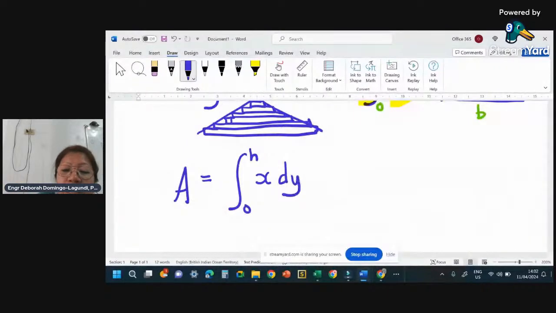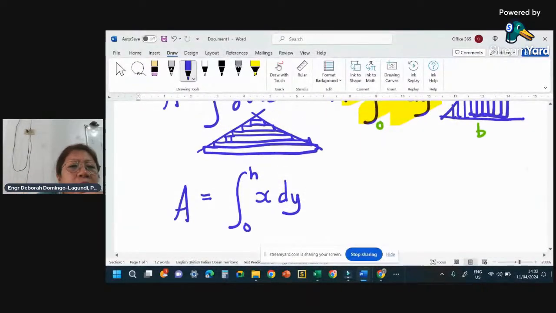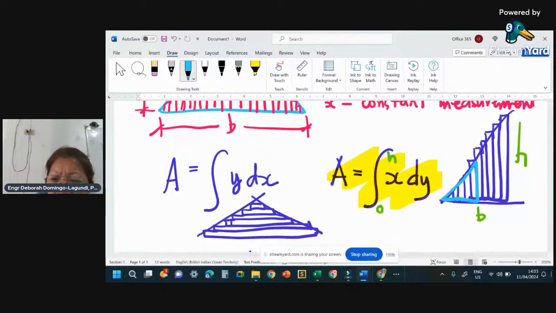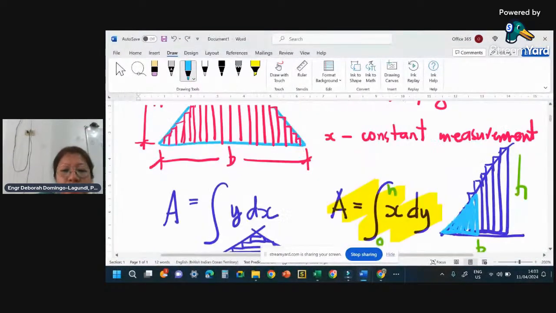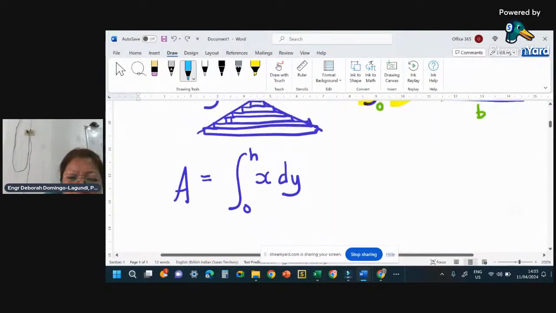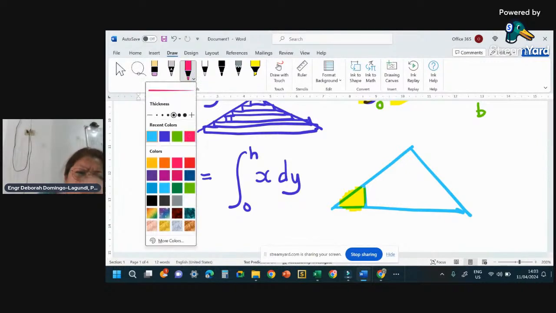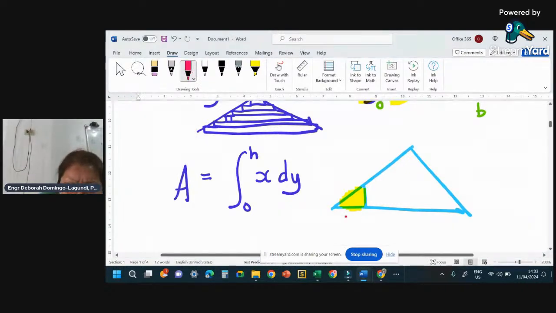Now, in this example, let's take this triangle. Can you see that? And the other one will be a big triangle. We have a small triangle and we have the big triangle. The small triangle will have this area where it has a dimension x as its base and y as its height.